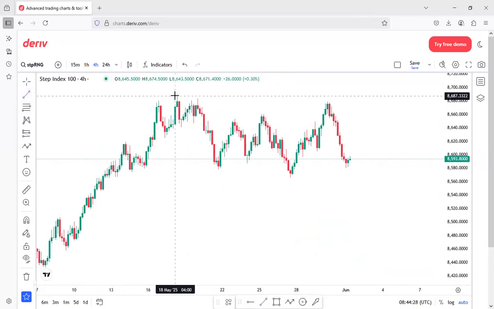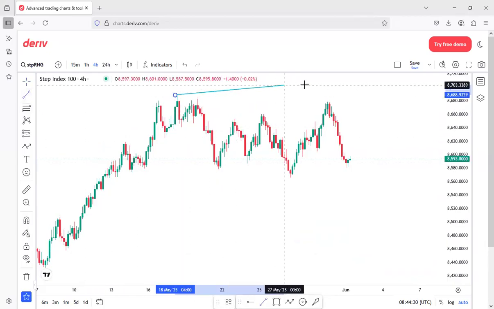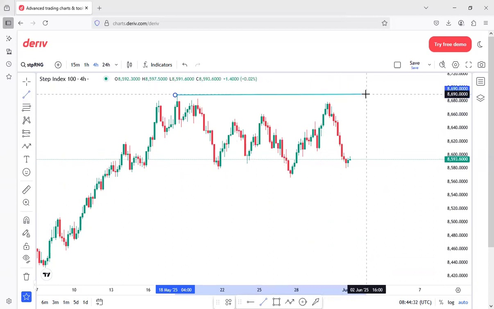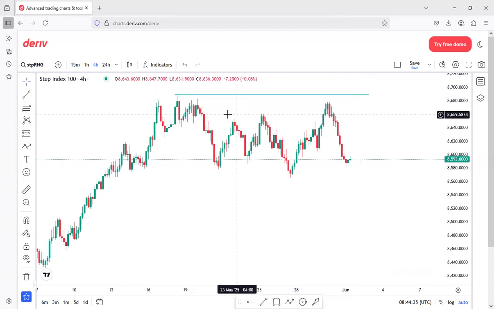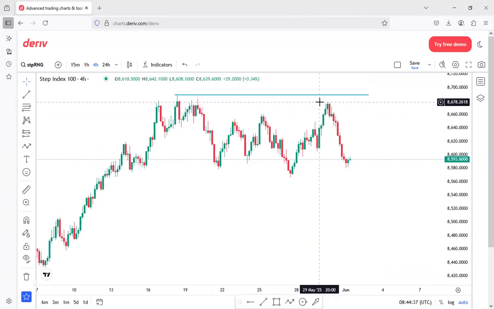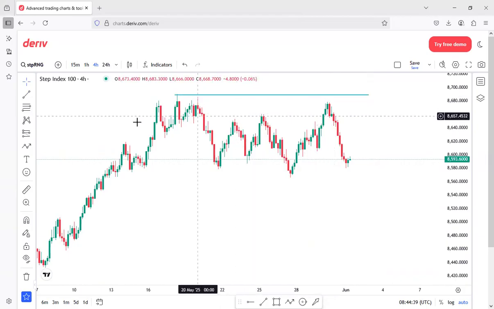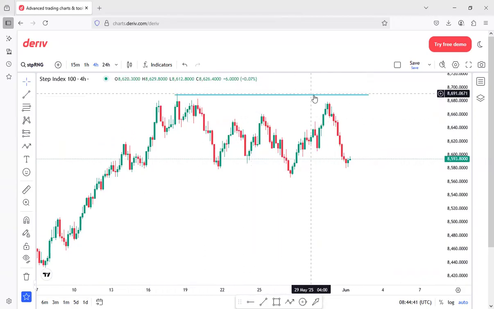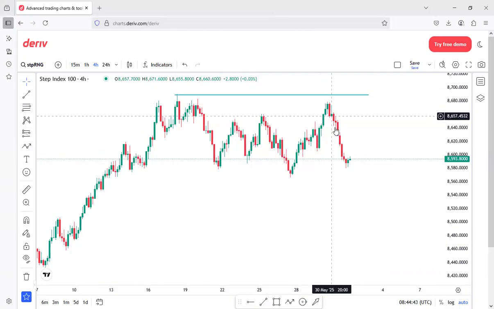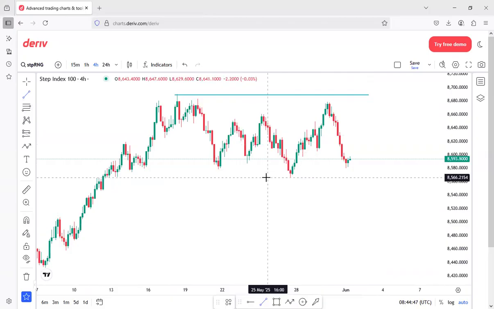So if you see the step index, you notice that this is the highest level that price got to here, which price hasn't come back again to test, always rejecting whenever price tries to approach that particular high, making a retracement, and then gave us this lowest level here.